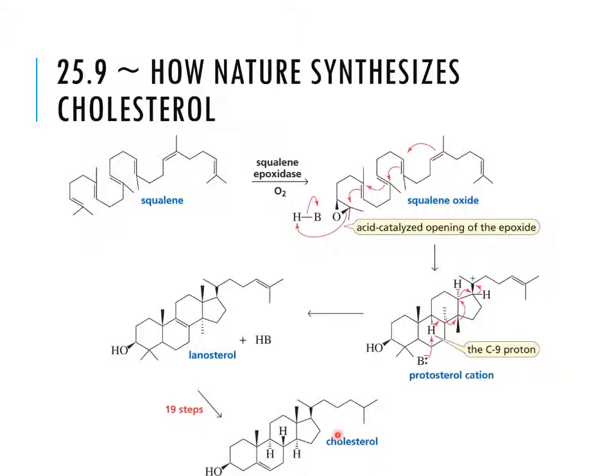And so if we look at the difference between these two structures, both of these methyls have been lost, and then the double bond that was right here is shifting to over here. And so it has a very specific structure, but to get this to this takes an additional 19 steps. So this is not a mechanism you need to know. It's really just showing us how these things can happen outside of a lab and actually in nature.